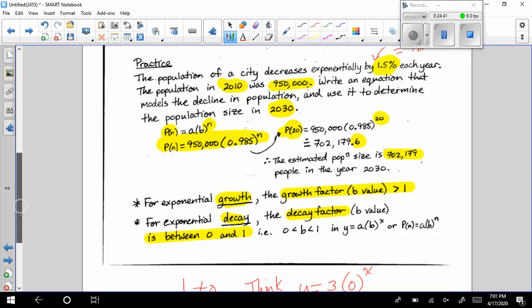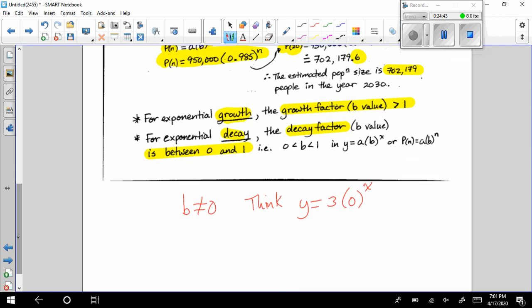The b value cannot be 0. If I have a b value of 0, I don't actually have an exponential relationship anymore. Consider this example here. If I have a starting amount of 3, but my base is 0, it doesn't matter what exponent that's raised to. 0 to any exponent is still 0. 3 times 0 is 0.